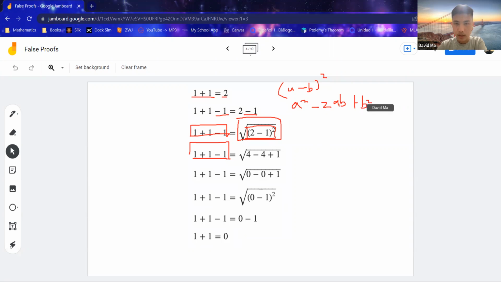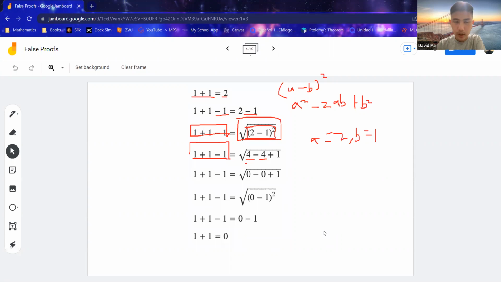In this case, a equals 2 and b equals 1. So we get a squared, which is 4, and then minus 2ab, which is 2 times 1 times 2, which is 4, and then plus b squared, which is 1 squared.